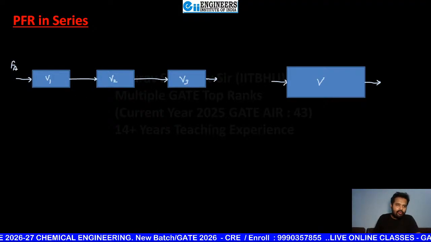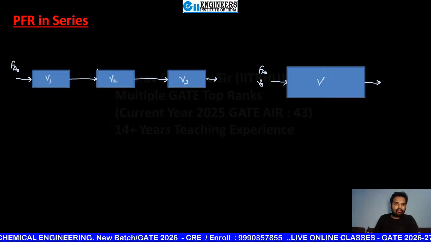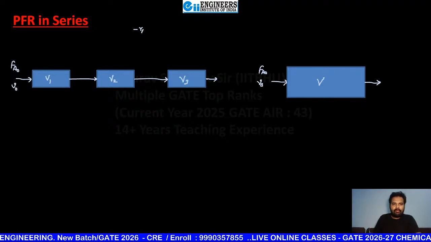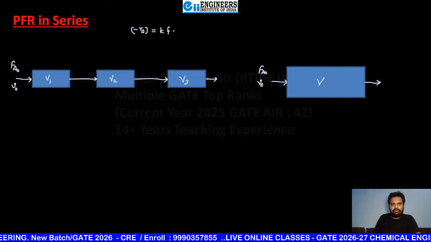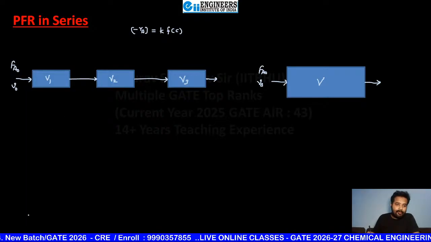The molar flow rate of the feed is FA0, here also I am assuming the same FA0. Volumetric flow rate v0, here I am also writing v0. Any type of reaction you can assume, so I am writing RA, and that RA can be written as k function of C, for any given order.